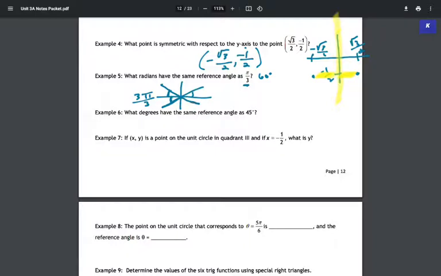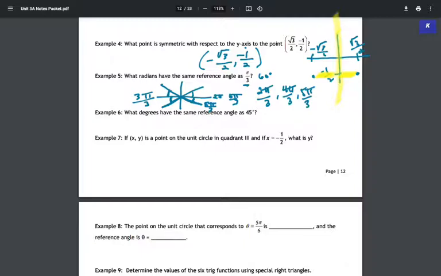And right here is going to be pi over 3 away from 360 or 2 pi, and 2 pi is the same thing as 6 pi over 3, so this would be 5 pi over 3. So my angles that have the same reference angle as pi over 3 would be 2 pi over 3, 4 pi over 3, and 5 pi over 3.